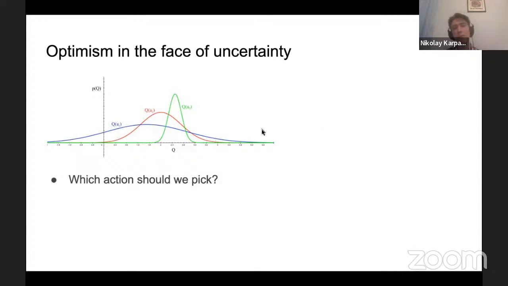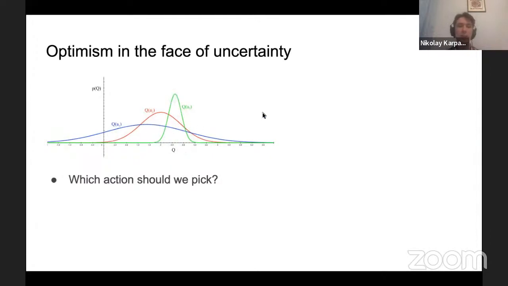On the horizontal scale, we have values of the reward. And on the vertical scale, we have the probabilities that this action will give us this much reward. So for example, in action 3, the argmax probability is somewhere between 2.4 and 2.8.